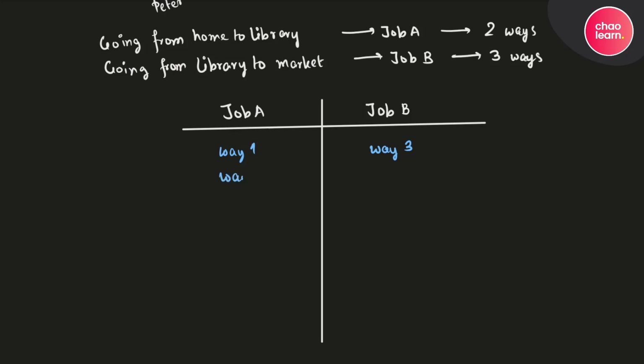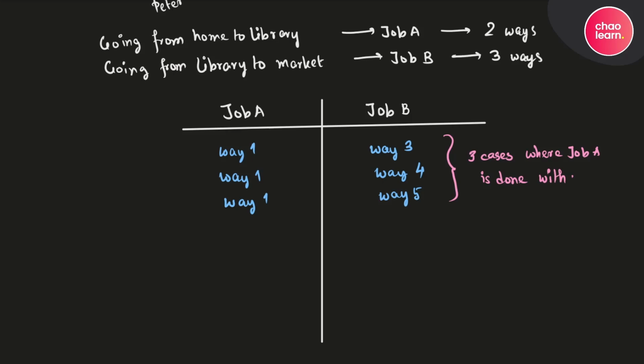Another case could be Peter chooses way 1 to do job A and way 4 to do job B. Another case could be way 1 is chosen for doing job A and way 5 is chosen to do job B. So if you notice carefully, then you would find that these are all the possible three cases where job A is done with way 1, right?